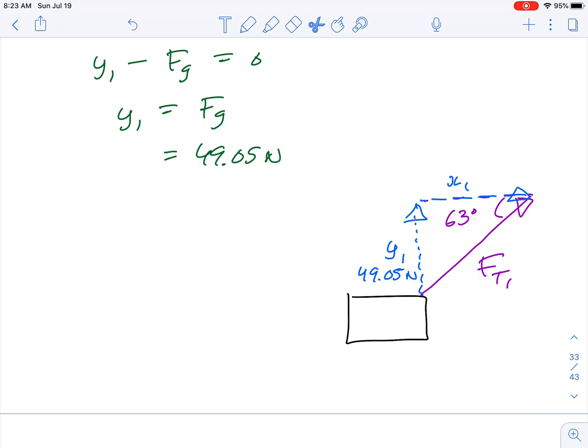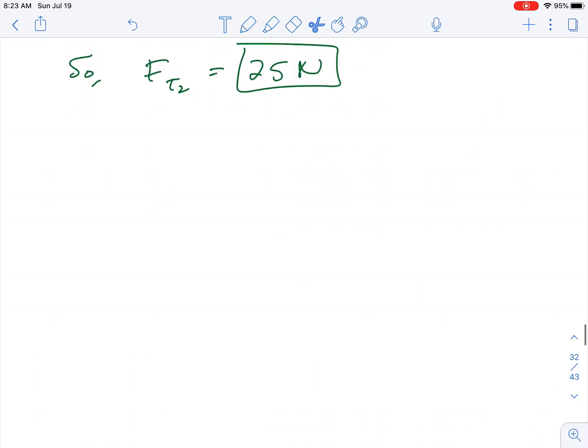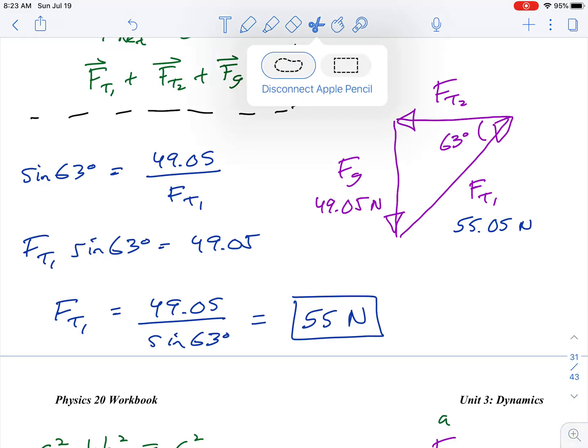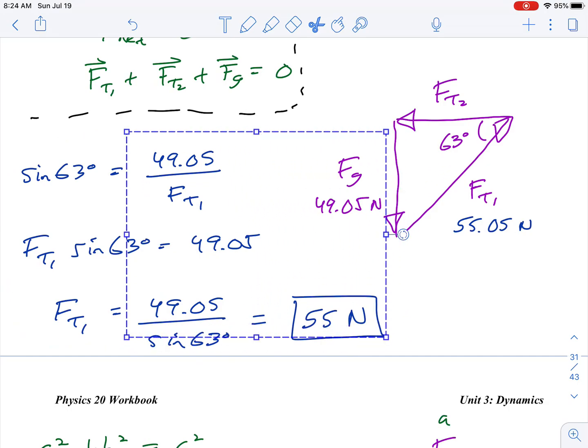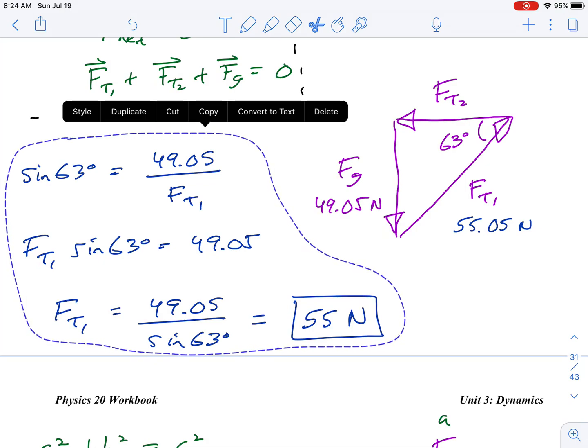So let's find Ft1. I'm just going to do, if you don't mind, a little bit of a quick copy paste here. I've already done it, so why do it again? Okay, I'm not sure what I did there. Let's try that one more time. Copy that.